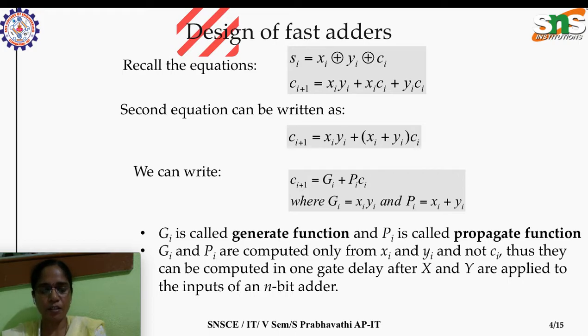So the concept behind this is we need to look ahead the carry. Only due to depending on the carry of the previous stage is the delay more. So we need to look ahead what the carry will be, instead of depending on the previous stage. That is the main logic we are implementing to achieve the fast adder.